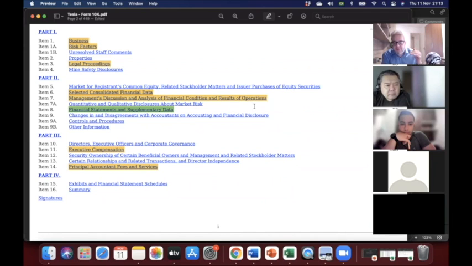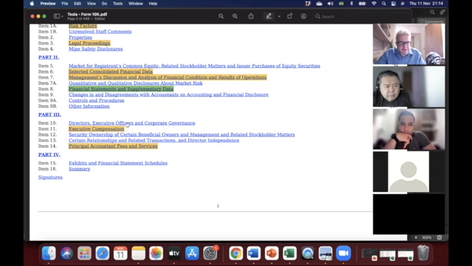However, the management of the company also highlights some of the most important points of the report. And in green here, the most important part for us: financial statements and supplementary data. So here we will have the balance sheet, the income statement, the cash flow statement, and all the mandatory accounting reports. We have some other information here. And other things that are interesting to analyze sometimes are executive compensation.